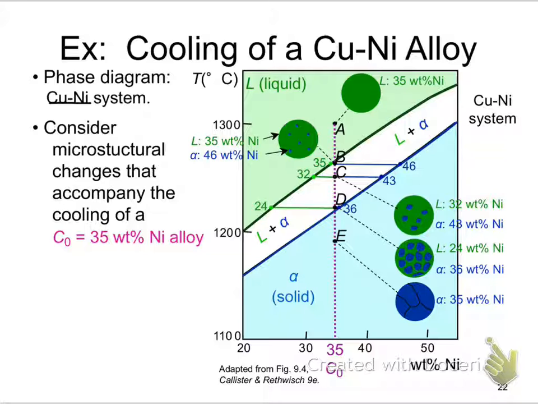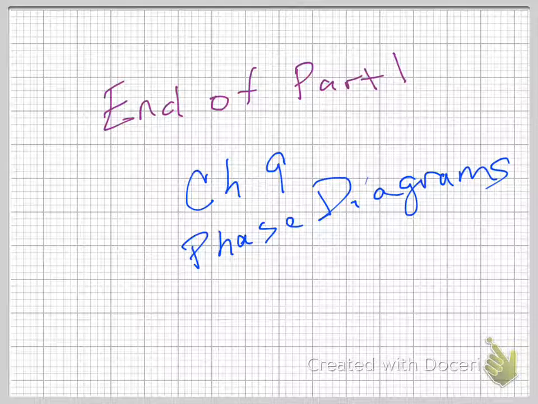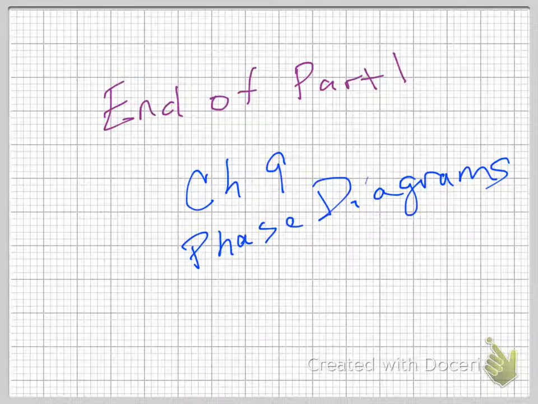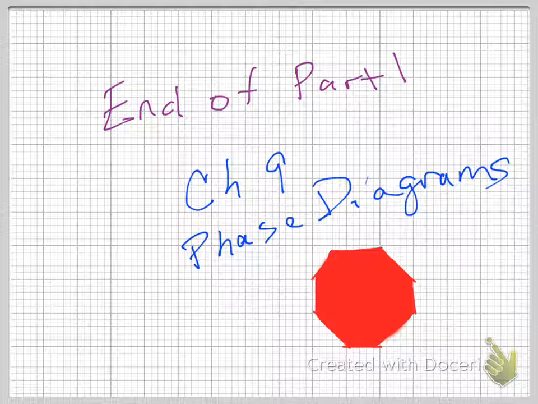As that point grows, think about how the percent composition of nickel is changing as this material cools from a liquid to a full solid, and what the gradient effect is within each crystal of this material. That's your hint for today, and this will be the end of part 1, phase diagrams. So happy thinking on that.